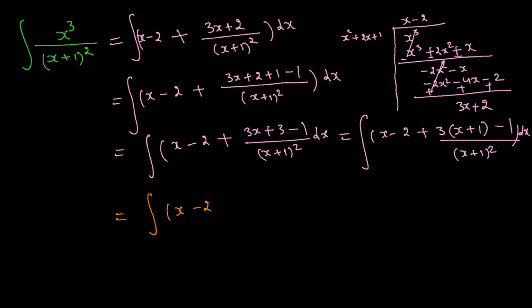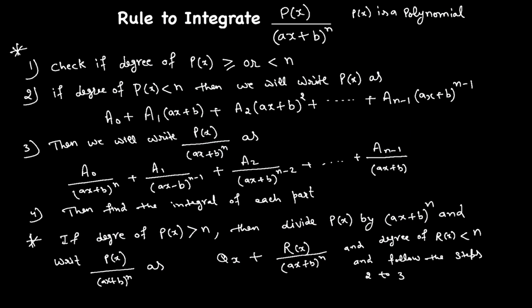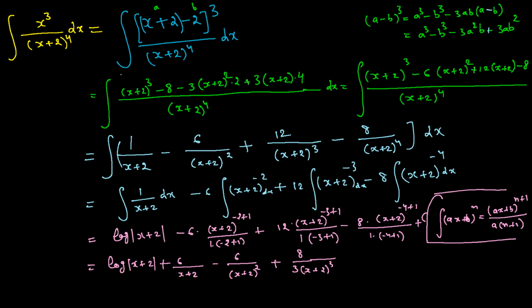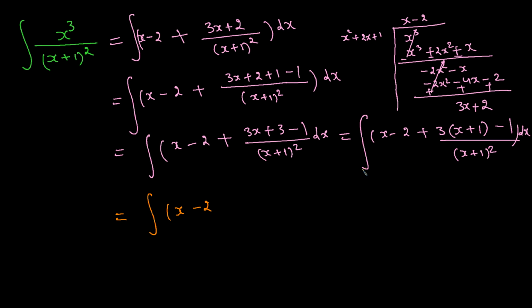We're gonna go to the next step, which is write each term separately, divide them by the denominator. That's what we are going to do over here. So x as it is, negative 2 as it is, plus 3 into x plus 1 divided by x plus 1 squared.